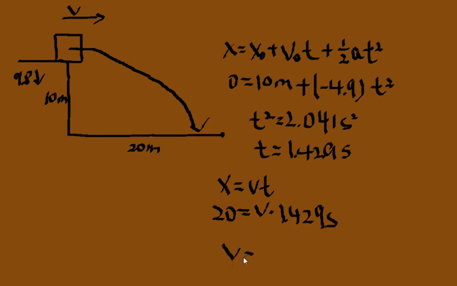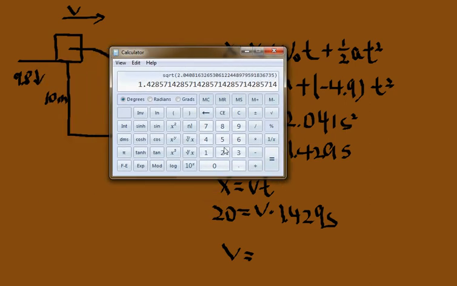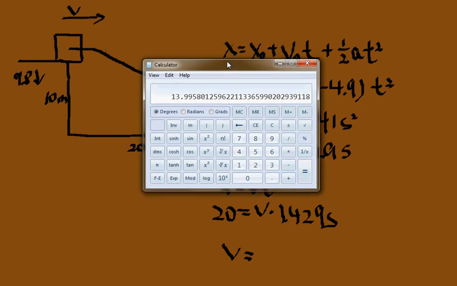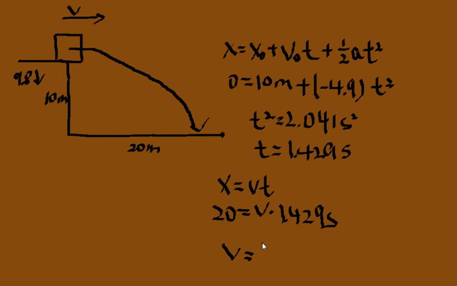So v equals 20 divided by 1.429, which is 13.9958. So it's pretty much just 13.996 meters per second.